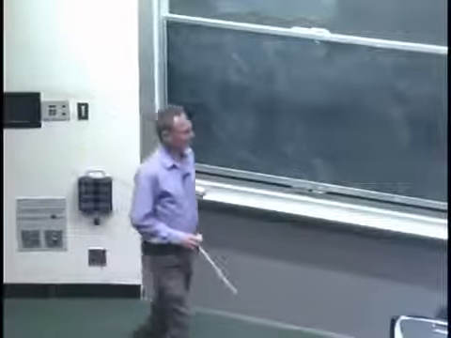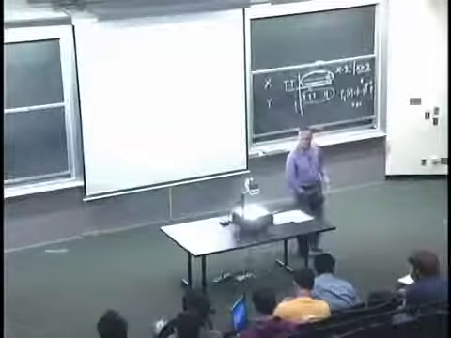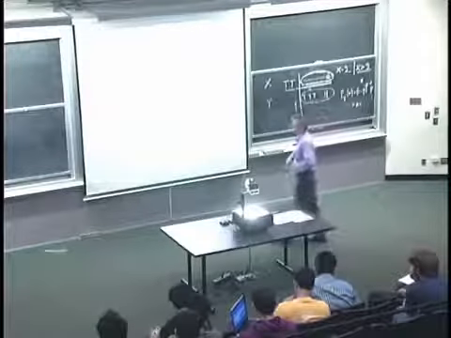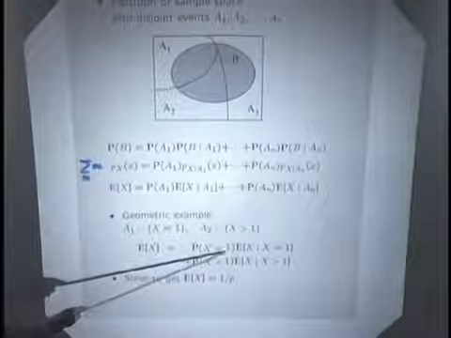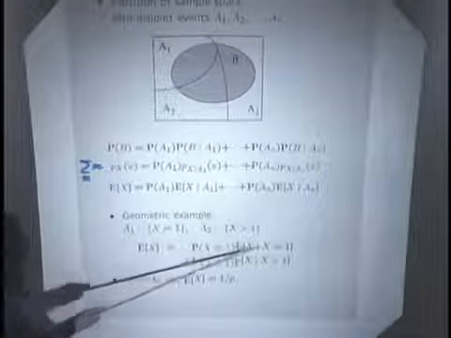Okay. And now we're going to apply this to the case of a geometric random variable. And we're going to divide and conquer by considering separately the two cases where the first toss was heads and the other case where the first toss was tails. So the expected value of x is the probability that the first toss was heads, so that x is equal to 1, and the expected value if that happened.